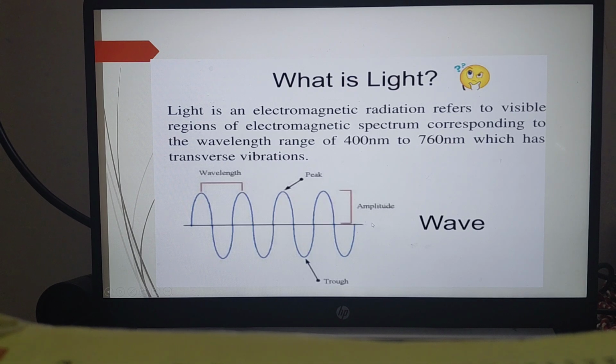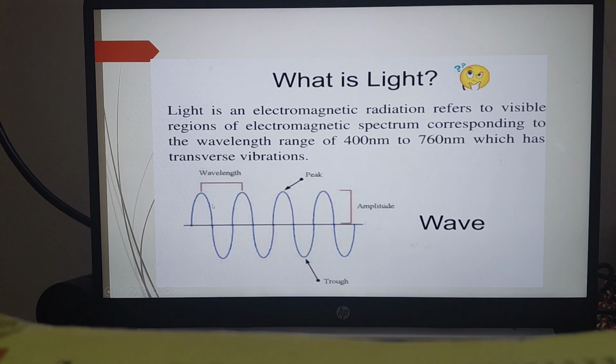And what is amplitude? Here it is the amplitude. The amplitude means the peak of the curve, how much it increases as an intensity, that is referred to as amplitude. So this whole phenomenon we call a wave.